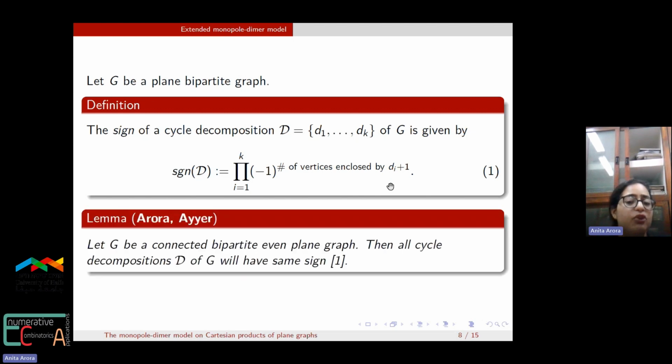Now, what happens if you have a bipartite even plane graph? Then, however you choose the cycle decomposition, its sign will remain the same. So this sign will not depend upon how you choose the cycle decomposition.